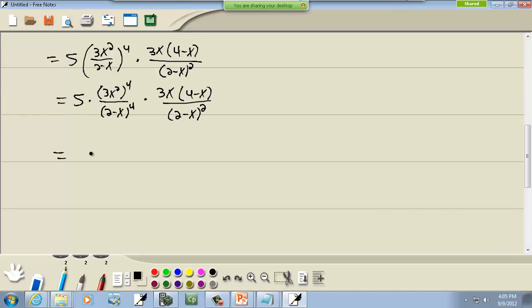I'll put the 5 up on top. And I'm going to merge these all into a single fraction. So I got 5 here times 3x squared to the fourth power times 3x times 4 minus x. And down below here I have 2 minus x to the fourth power and 2 minus x squared.